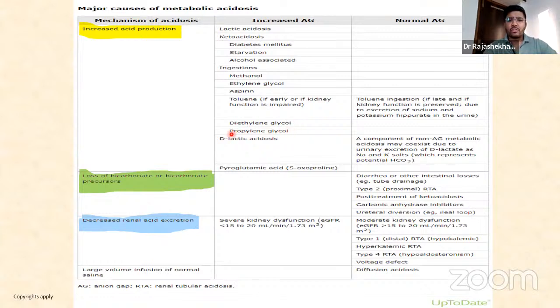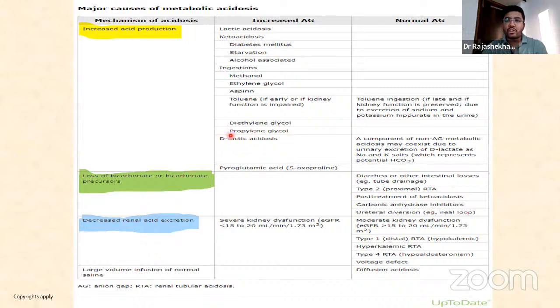And propylene glycol. Propylene glycol is a very important one because it is used in many IV injections which we usually give to patients, like many of the anticonvulsants such as phenytoin, sodium valproate and levetiracetam. Many of the injections have propylene glycol as a component. On a ward-to-ward basis this is usually not observed, but whenever we give the patient continuous infusions, this toxicity is expected.